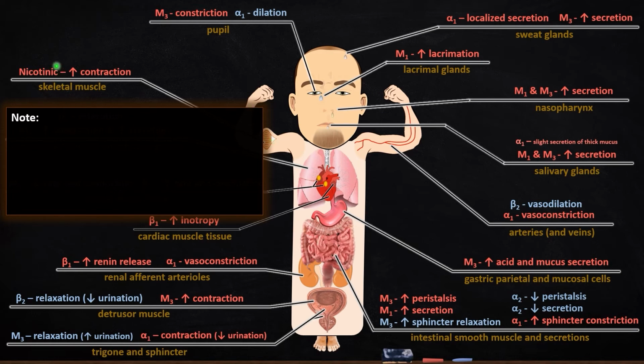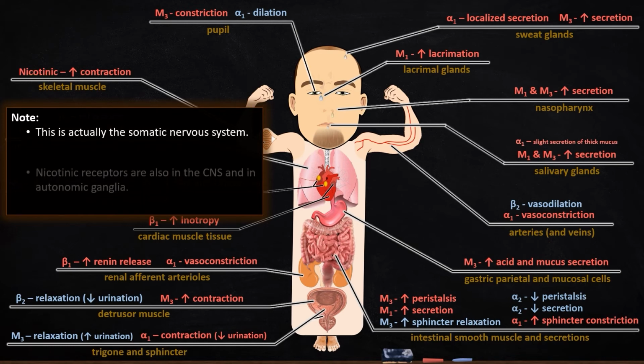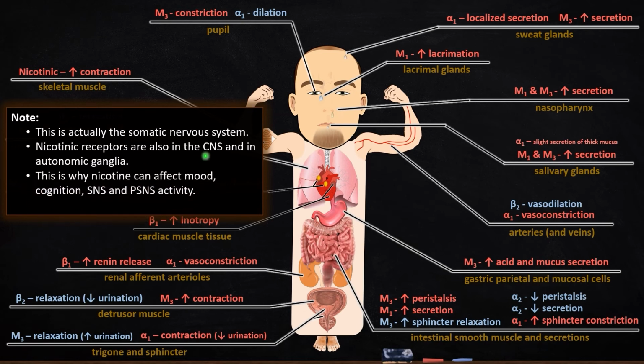However, this is a good segue into the fact that the nicotinic receptors are also in the central nervous system and in the autonomic ganglia. Anyone who's ever tried nicotine would probably realize it does affect mood.